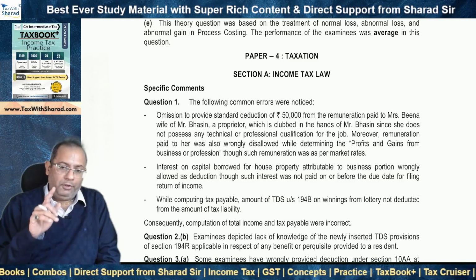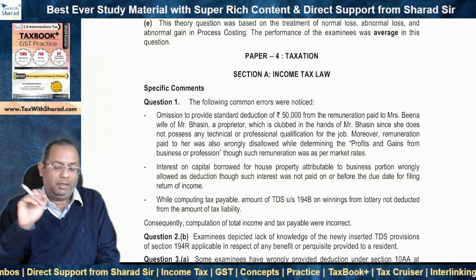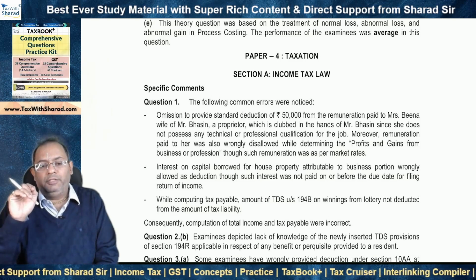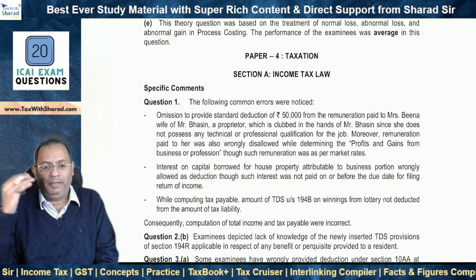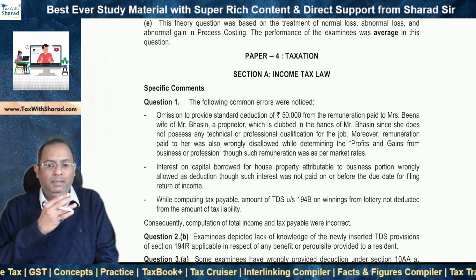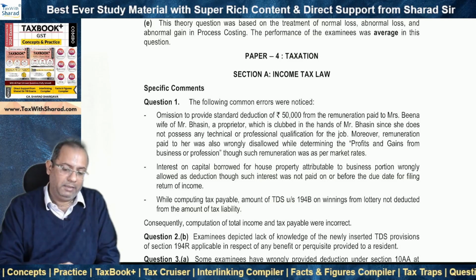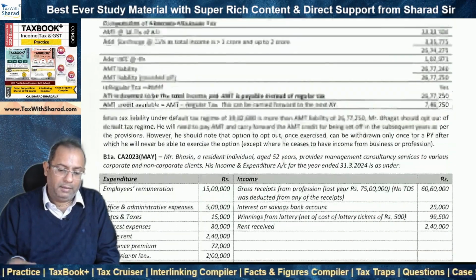If you're using the TaxBook plus practice, one very useful feature in that book is that I have given these examiner comments for various past papers at all the relevant places, and you will find this in gray.